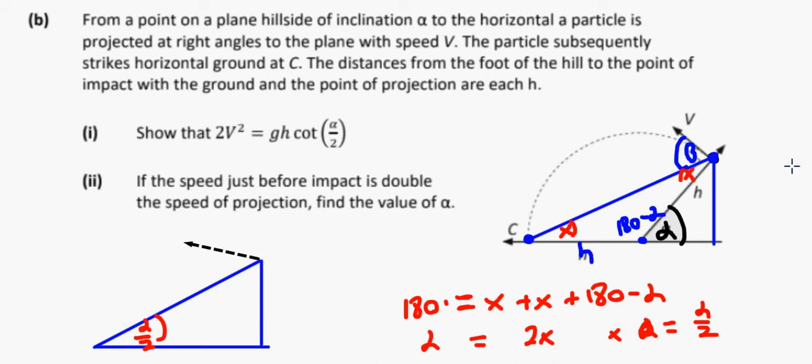This angle I haven't found yet, we'll just call it beta, and beta will not be in our answer because B is not here at all. And it's speed v.